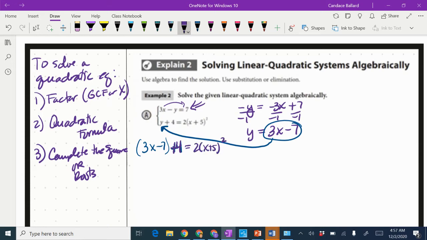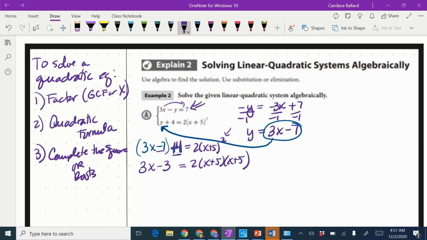Now my goal is to get the x's by themselves. I'm going to start combining like terms, adding the negative 7 and the positive 4. So 3x minus 3 equals, since the squared means I need to write it twice, 2 times x plus 5 times x plus 5.